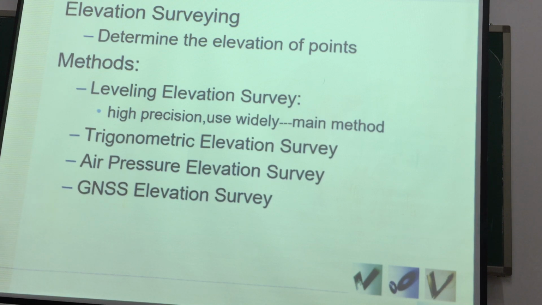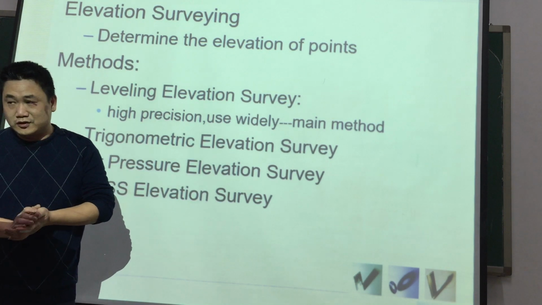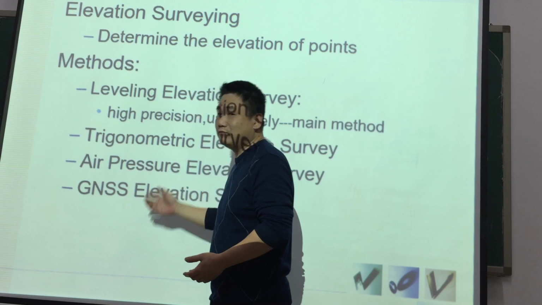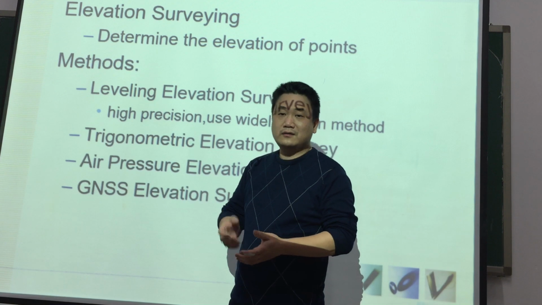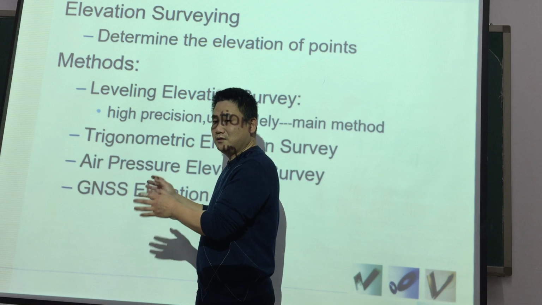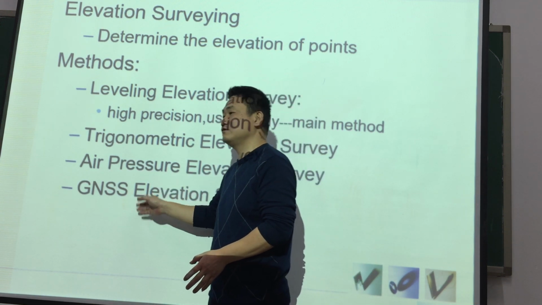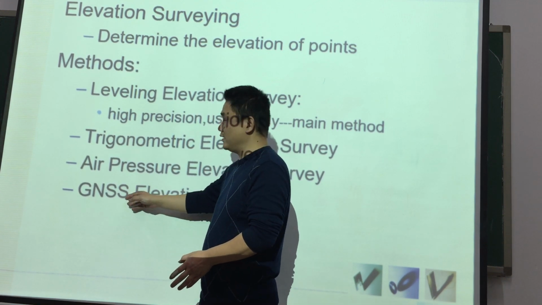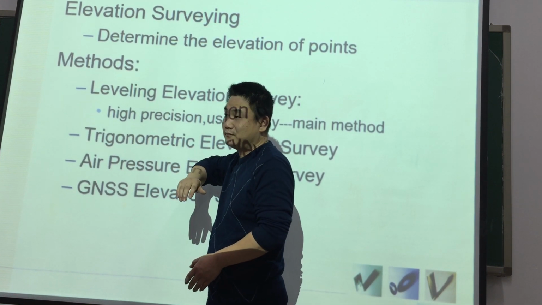Using this method, you can survey the elevation, and of course both horizontal and vertical position can be surveyed by this system. But usually the horizontal coordinates can be obtained precisely, while the elevation can be obtained only roughly. Its precision is lower than these two methods.